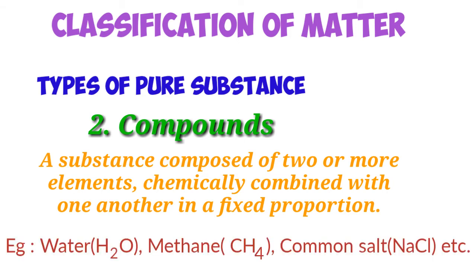Water contains hydrogen and oxygen atoms, and it can be separated by electrolysis. That is, electrolysis is an electrochemical reaction. Another example, methane, CH4. It contains one carbon atom and four hydrogen atoms in a single molecule. Another one, common salt, that is sodium chloride. It can be separated by electrolysis itself.